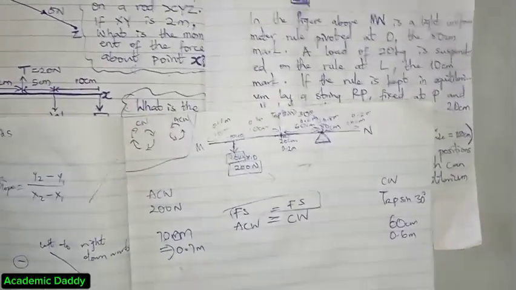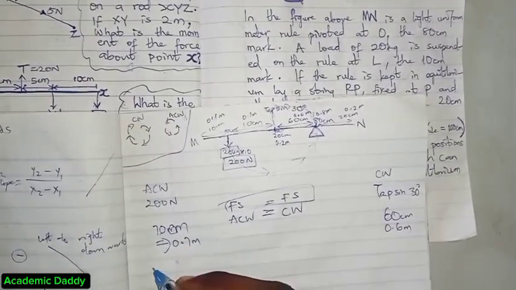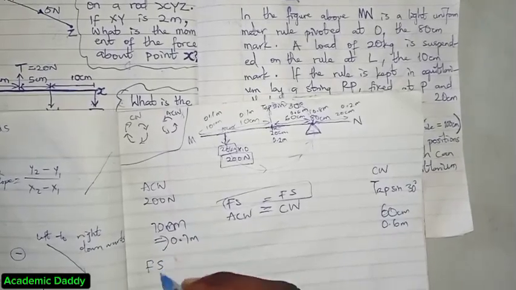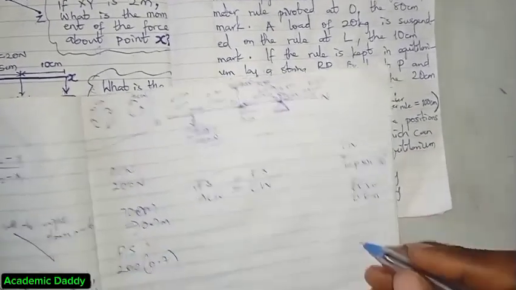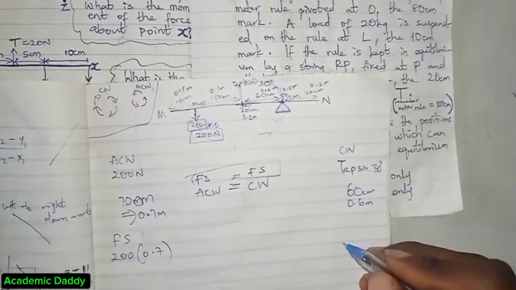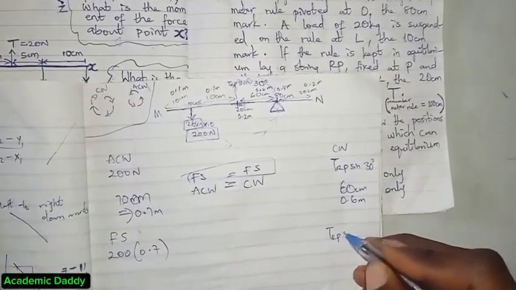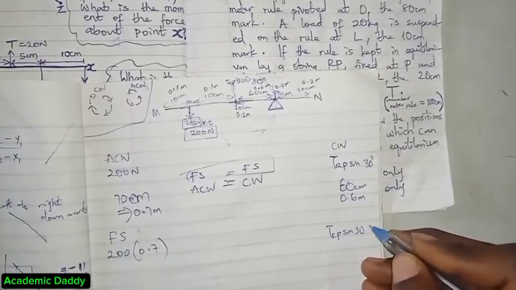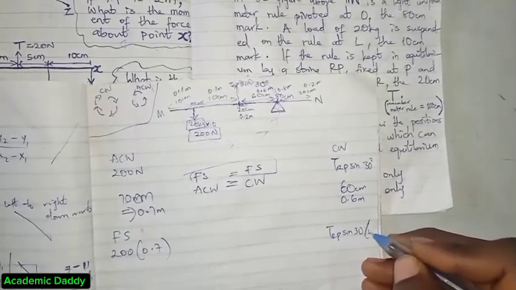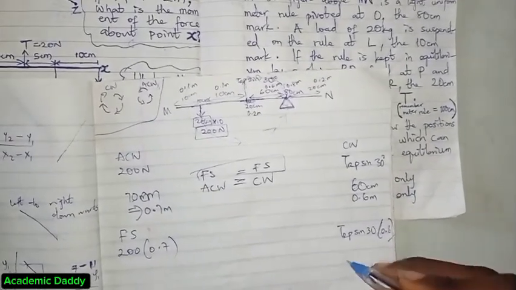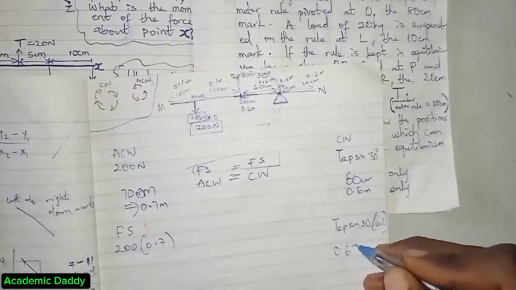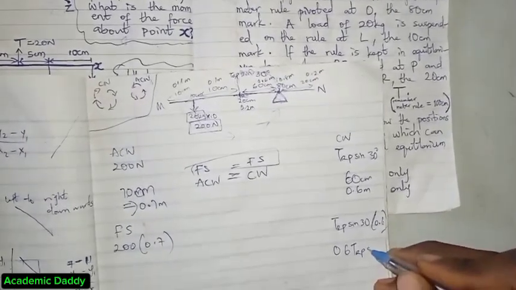So the next thing to do is to apply the calculation. I will now say force times distance, which is 200 times 0.7. And for the clockwise, it is going to be TRP sine 30 times 0.6, which gives 0.6 TRP sine 30, where TRP is the tension in RP.